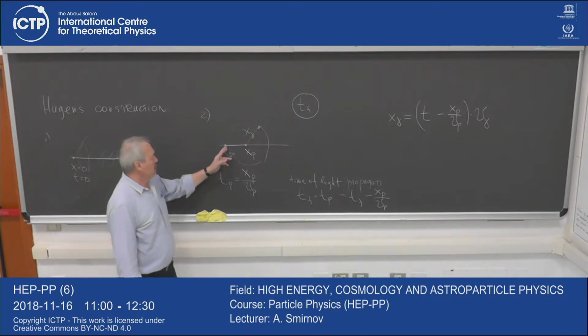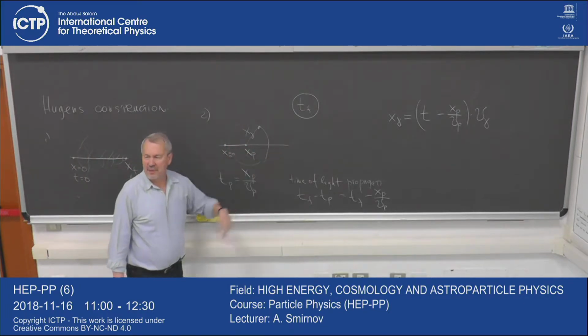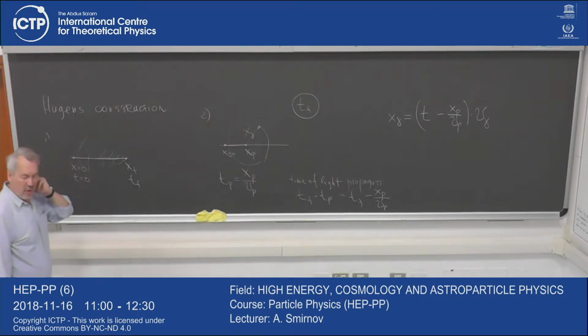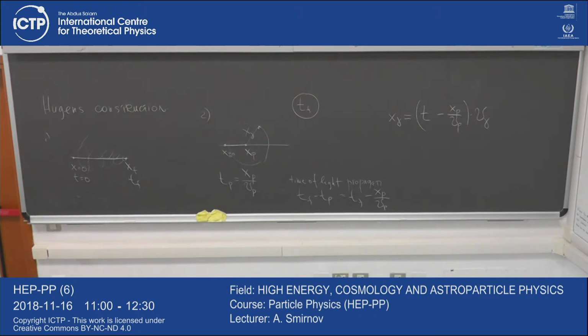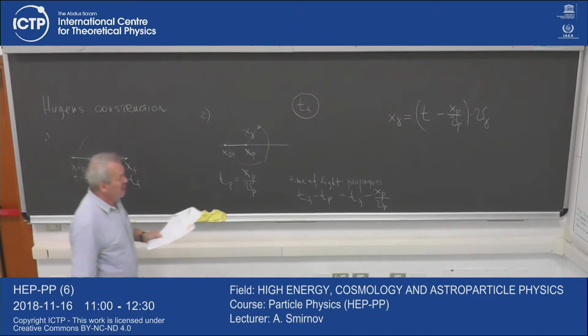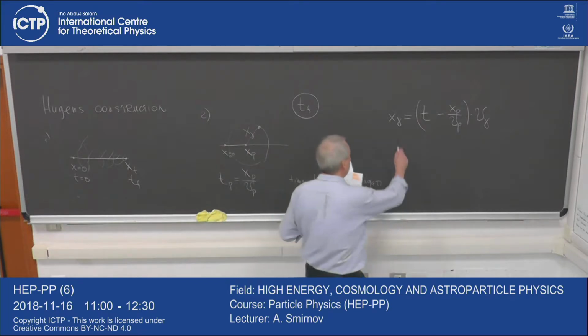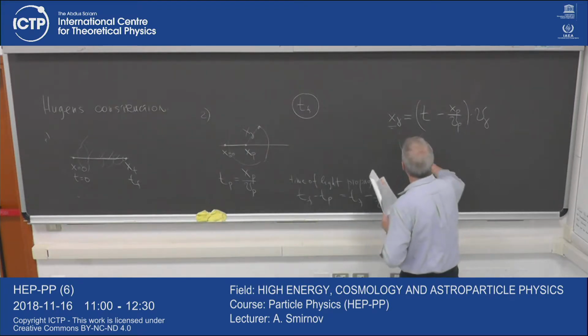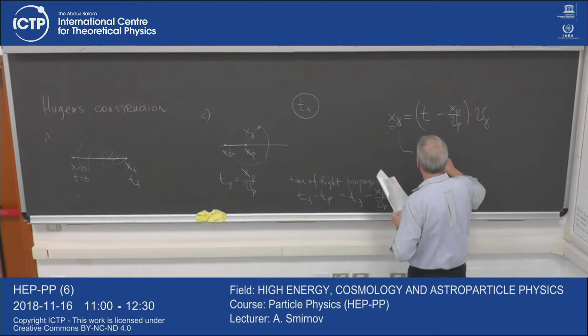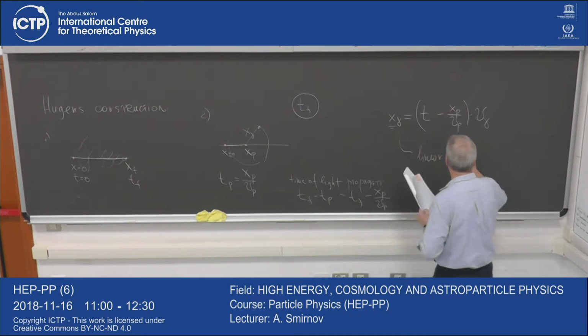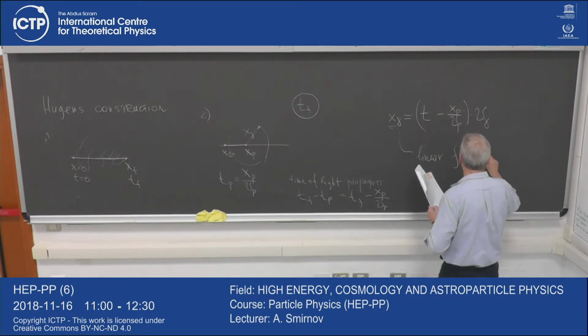And of course we need to consider different points xp, because the particle will emit from each of these points. What is important here is that x gamma is a linear function of xp.